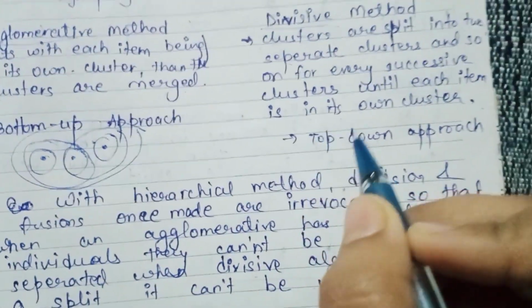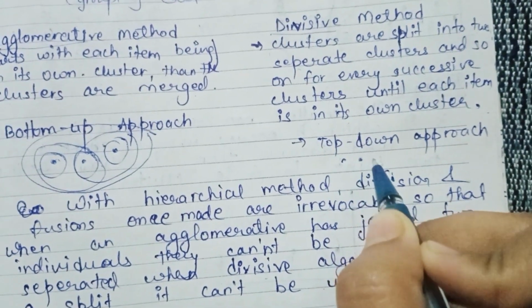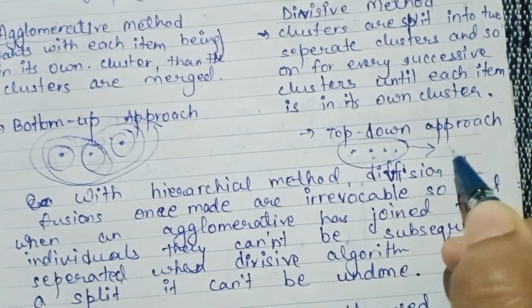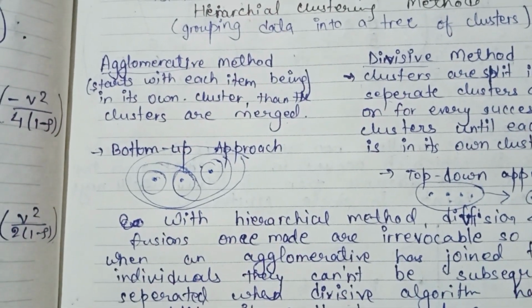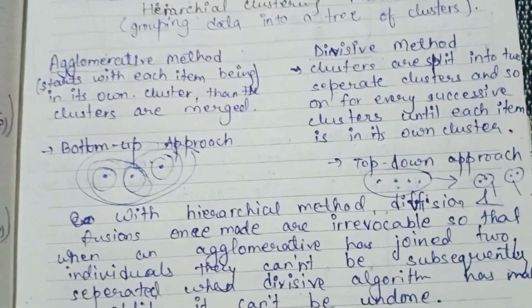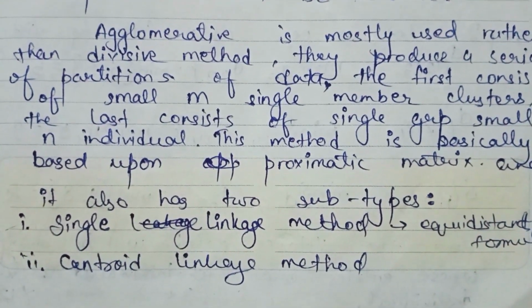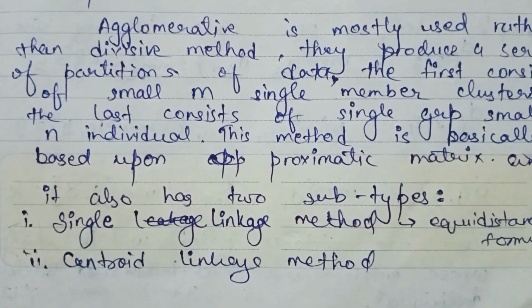Now in the divisive method, if there are 4 points in a cluster, it will divide into two clusters, like 2 points in one and 2 points in another cluster, and so on it will move on. Here we will use the agglomerative method, because it is widely used rather than the divisive method.